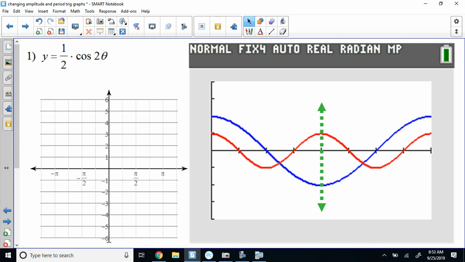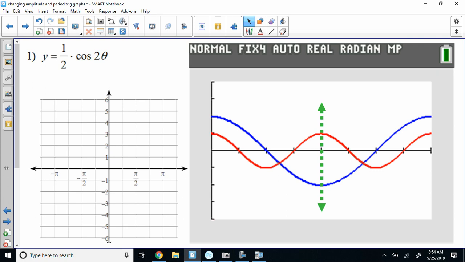Does it make sense that at the trough, at the lowest point, the minimum, it's negative 1/2 at pi over 2 on the x value? It's half of the period, right? That's where that transition point would be, correct?